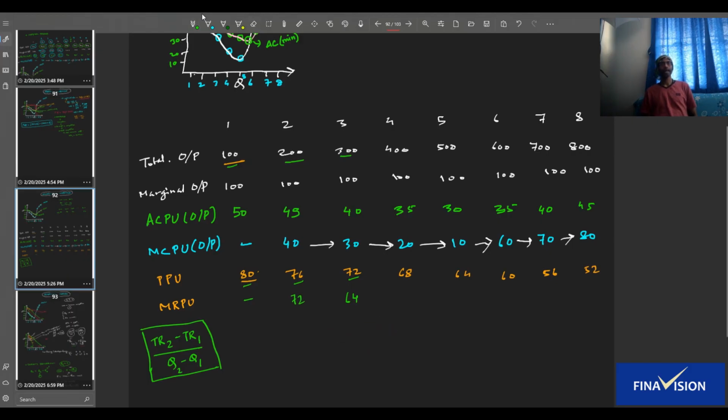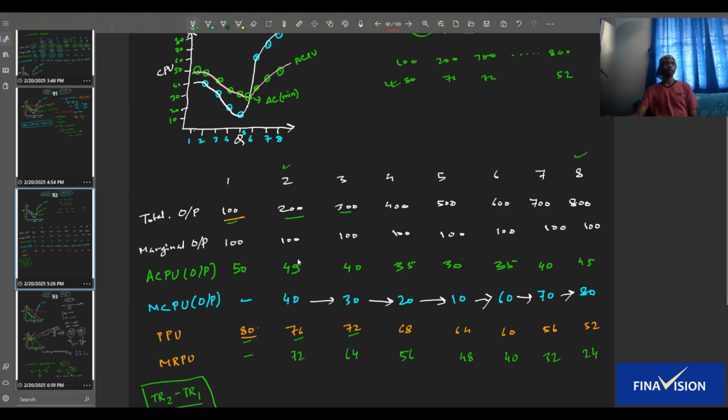Like this, we can calculate the marginal revenues for all these options. So this will be 56, this will be 48, then 40, then 32, then 24. So these will be the marginal revenues per unit at each of these options, option 2 till option 8.